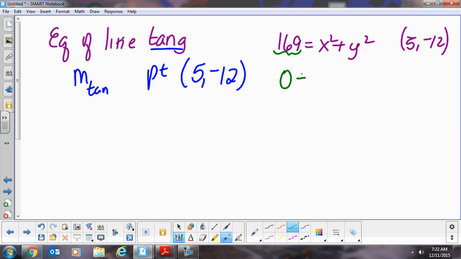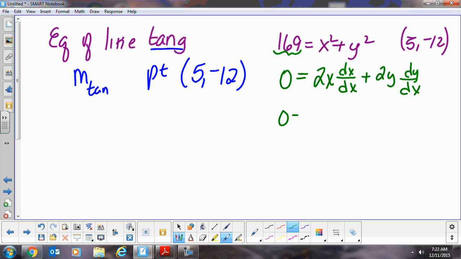What's the derivative of 169? 0. What's the derivative of x squared? It's going to be 2x dx over dx plus 2y dy over dx.